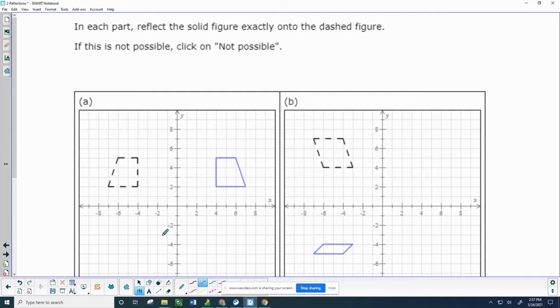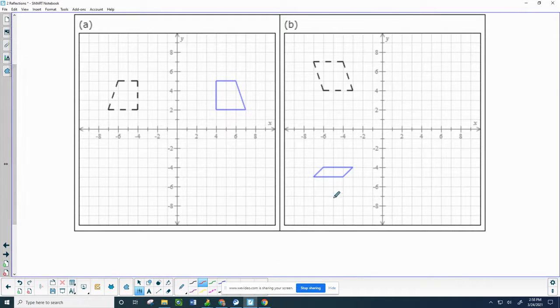Okay, so in each part, reflect the solid figure exactly onto the dashed figure. If it is not possible, click not possible. Okay, so in a problem like this, which you'll see on Alex, you're going to drag this up and try and place it over the top of this. But if you look at it, you'll notice that it's not even the same shape, so it's not possible.